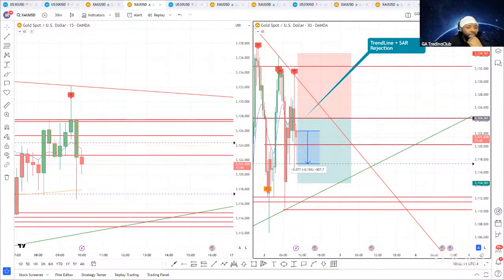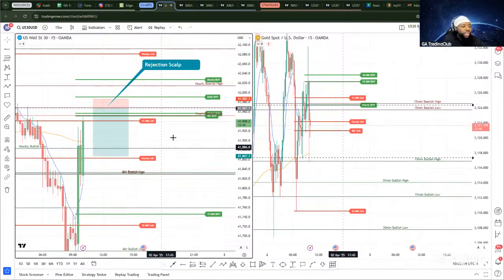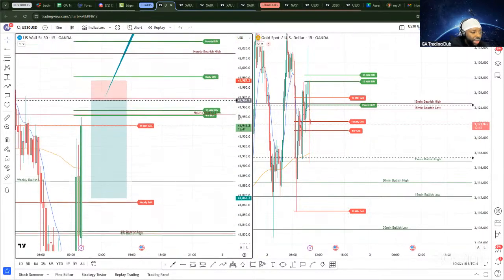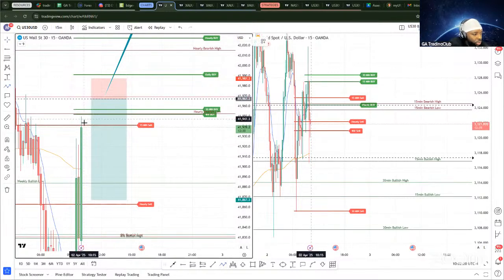So moving back here, we can see at the very least we have two zones, right? One thing we don't want for this rejection scalp is, when price gets to this rejection area, for price to come up the distance of half our take profit, which I'm assuming, the previous take profit would be like 1:1.